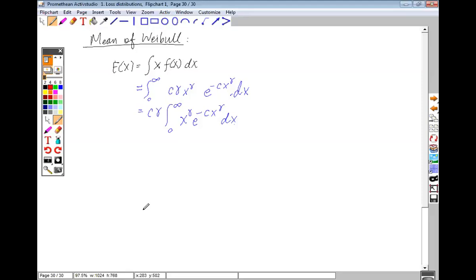So should we use substitution method for this one, like x raised to gamma as t or something? Okay, let us try. We don't know for sure what is going to work. So let us try substitution. Do you want to try? What should I try to substitute and what for?